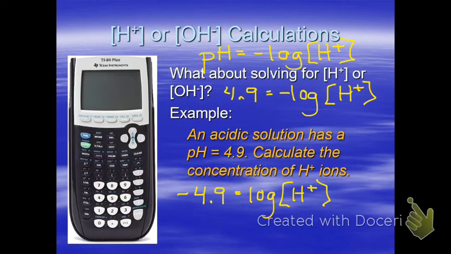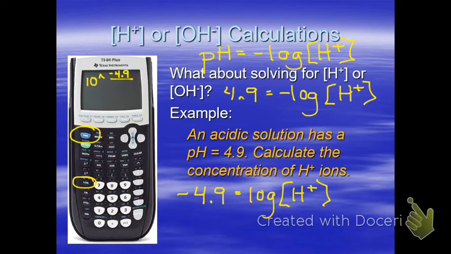Well, on your calculator, guys, hit second log. And what's going to come up in your calculator is going to be something like this: 10 to the power of, and then it's going to wait for you to put something in there. It's waiting for you to put an exponent in. And what you're going to put in there is negative 4.9. So I'm going to do that right now on my calculator. 10 to the power of negative 4.9, hit enter, and I'm going to round to two significant figures.